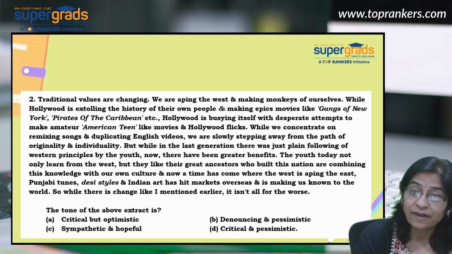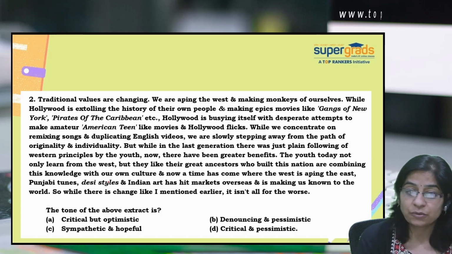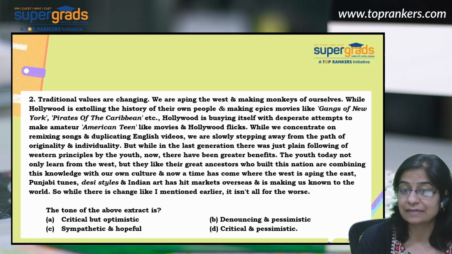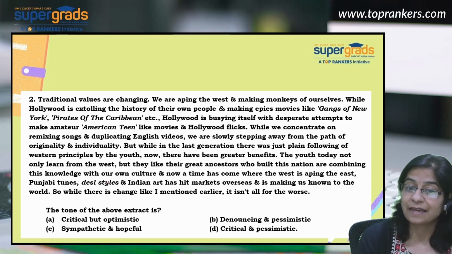But while in the last generation there was just plain following of Western principles by the youth, now there have been greater benefits. The youth today not only learn from the West, but they, like their great ancestors, who built this nation, are combining this knowledge with their own culture, and now a time has come where the West is aping the East. Punjabi tunes, Desi styles, and Indian art has hit markets overseas and is making us known to the world. So while there is a change, like I mentioned earlier, it isn't all for the worse.